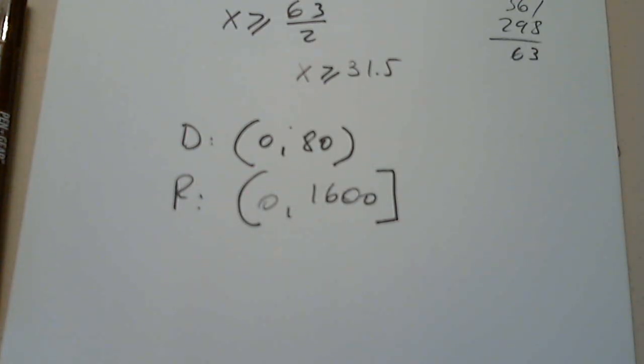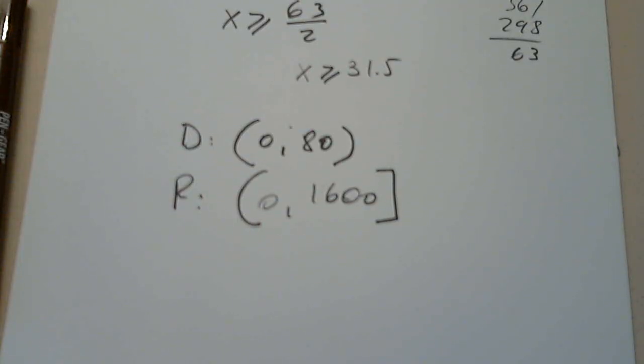Therefore, I have to use a bracket. See, if you don't do the work, you will not have questions, most probably. So careful how you enter this. So I have 0, 1600 with a bracket for the range.